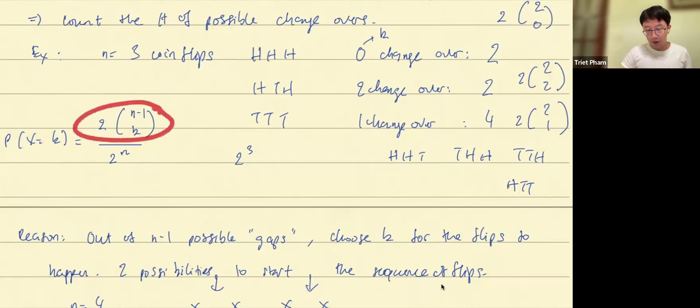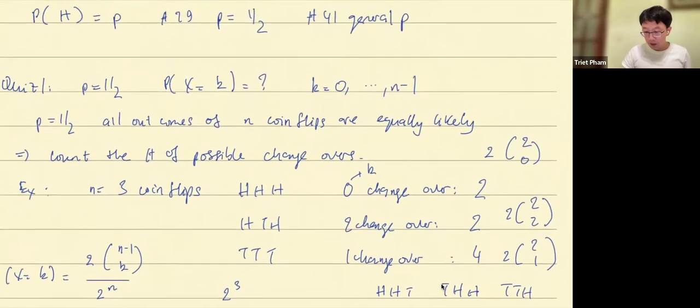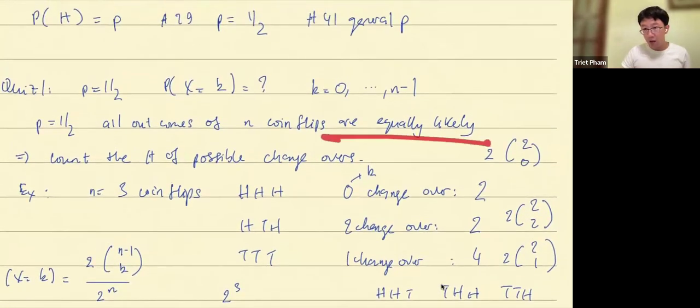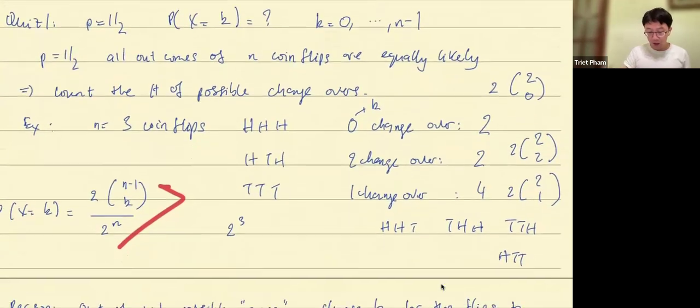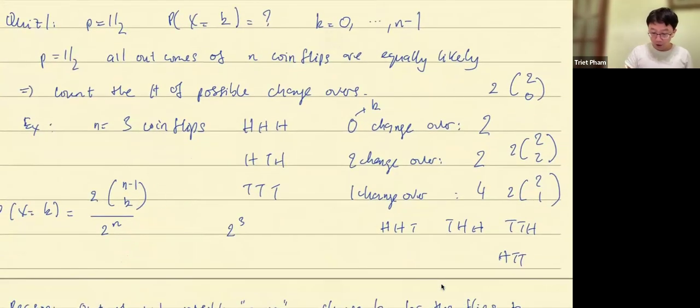You count the number. It's just like how you define probability. Again, the key is that everything's equally likely. If things are not equally likely, then counting like this, the division by 2 to the n, won't work. Well, here's another way you can see it. Division by 2 to the n is like 1/2 raised to the n power.